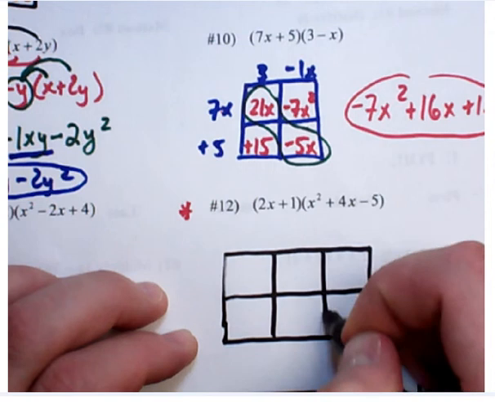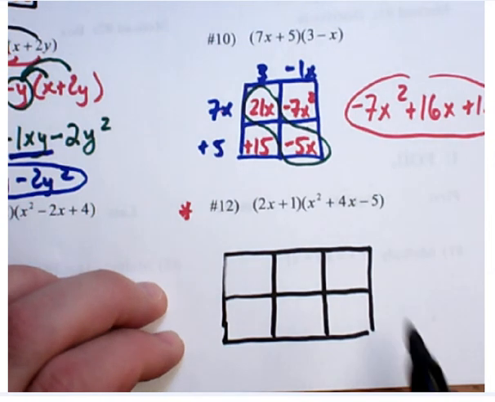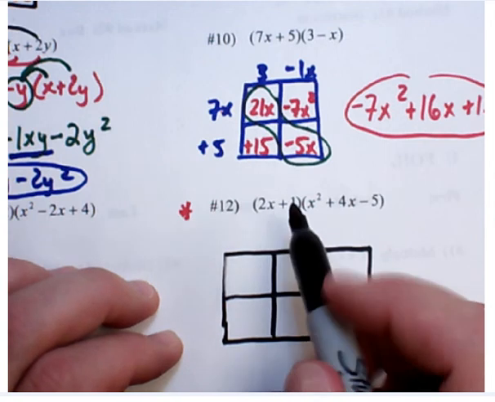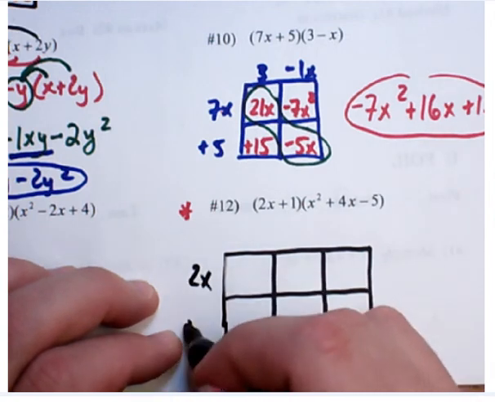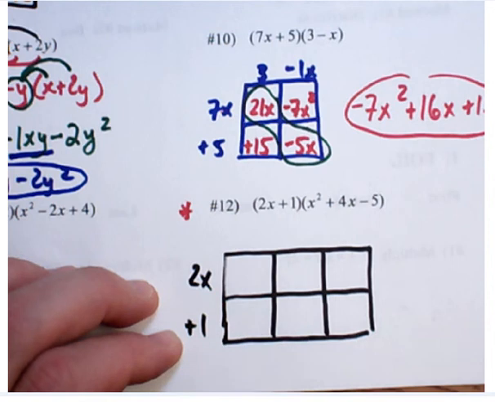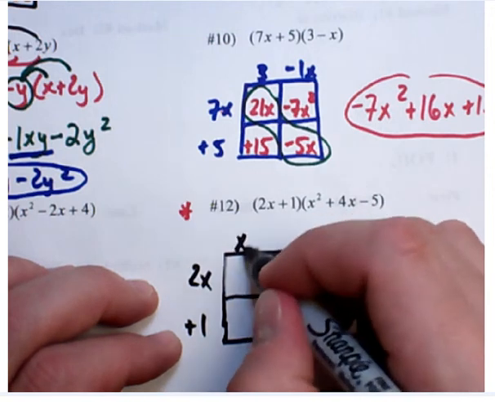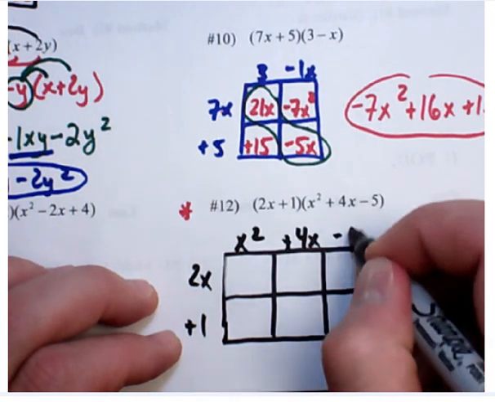Now, why am I doing this? Well, my first set of parentheses is a binomial, 2x plus 1. So I've got 2 rows, but I'm going to make 3 columns because my other set of parentheses is a trinomial, x squared plus 4x minus 5.